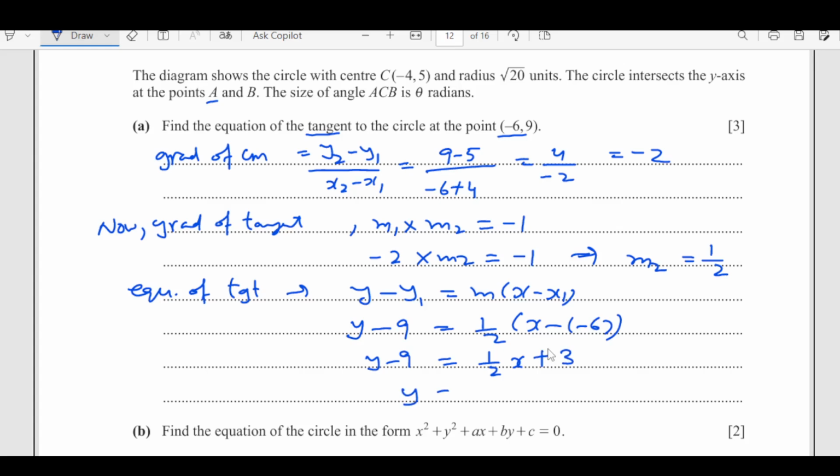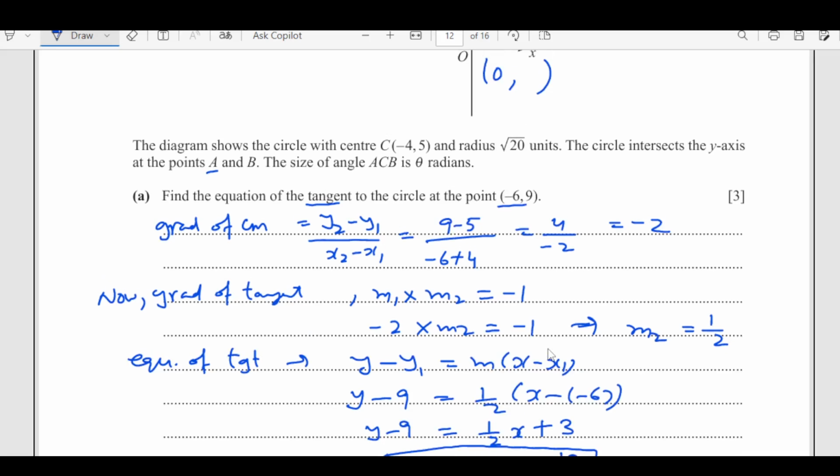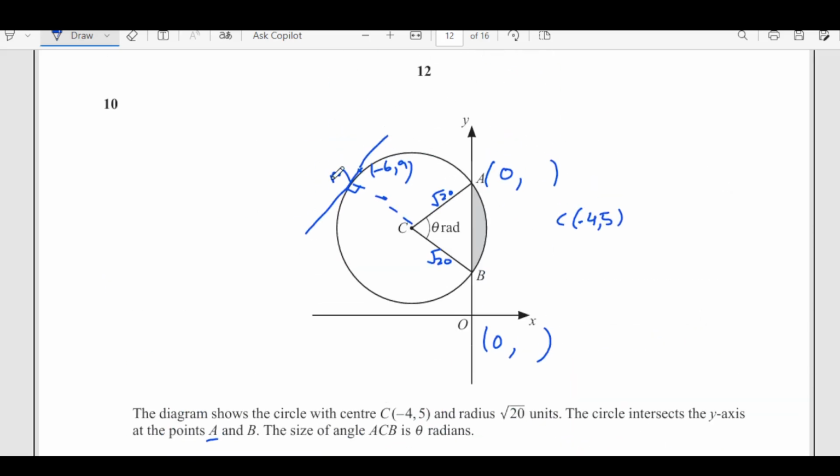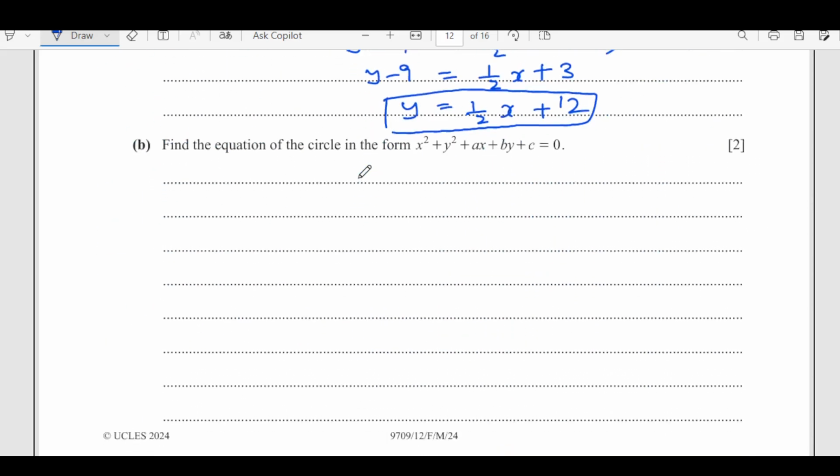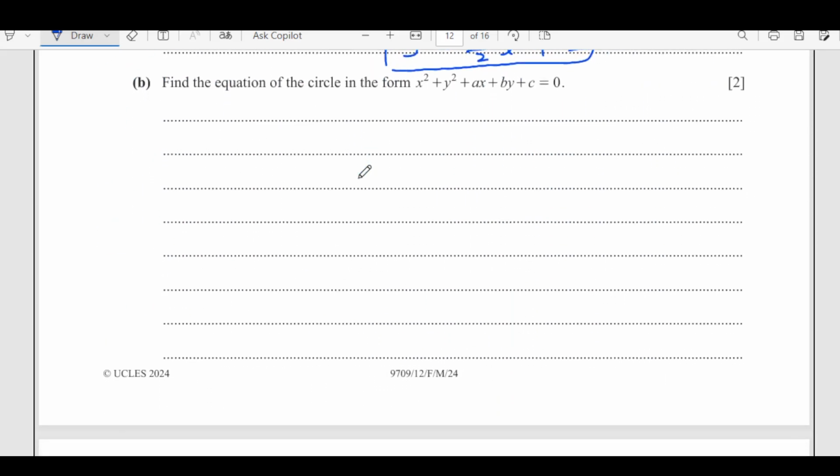So then y is equal to half x plus 3 plus 9, it's going to be 12. So this is the equation of the tangent that we are looking for, this line over here on this side, right?